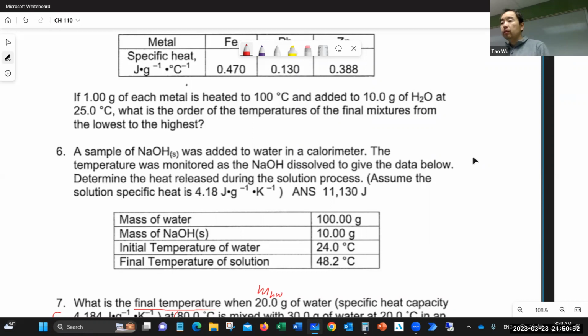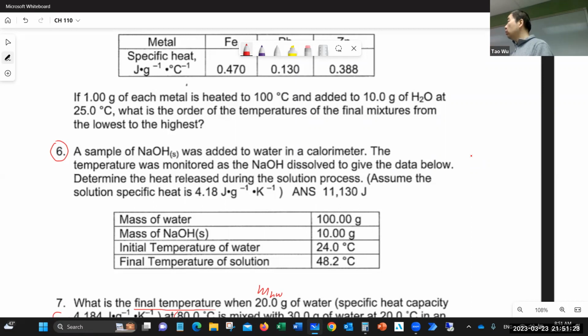Okay, so let's look at another question, still talking about the heat exchange, question number 6. But this one is another situation. In the beginning we talked about hot metal into cold water, hot water into cold water. And in some cases, like when we dissolve sodium hydroxide today, we're making a sodium hydroxide solution.